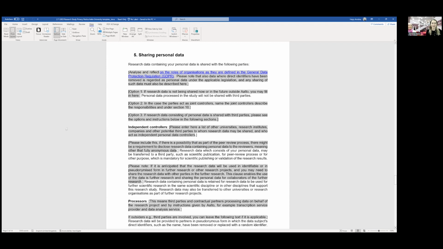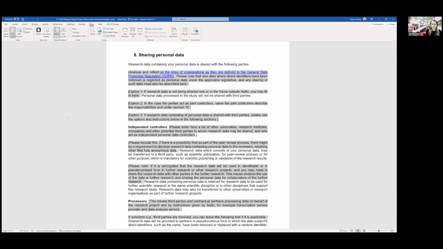Yes, thank you, Maria. Okay, so the next section, number 5, is about sharing the personal data. This looks like a really long and scary one, but let's go through it together and see what you actually need to fill in here. Basically, this means situations where you are transferring the data outside Aalto University, so someone other than Aalto personnel is processing or has access to your data.